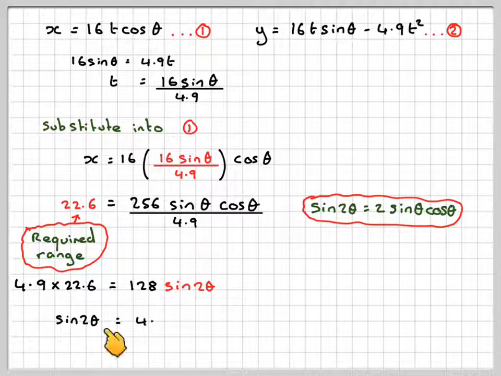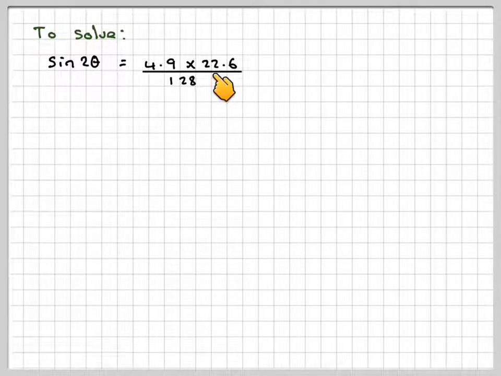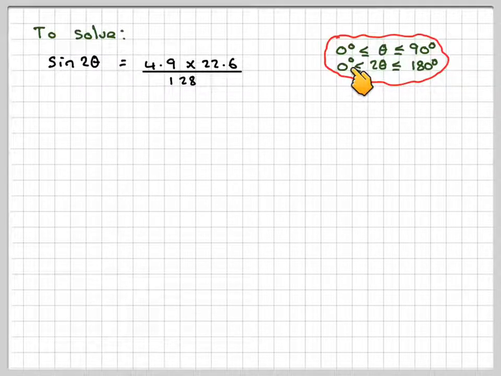Then sine 2 theta will be 4.9 times 22.6 over 128. Use the fraction button on your calculator, and remember the angle needs to be between 0 and 90, so for 2 theta we have to look for angles between 0 and 180.